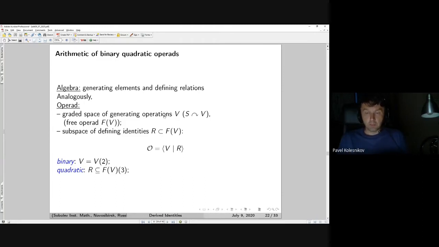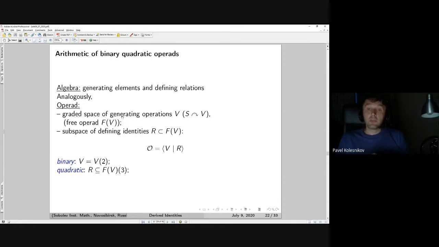This is a graded space because an operad is a collection of spaces. So the generators would form a Z-plus-graded space. This is a symmetric module, of course. Instead of generators, we have a graded space of generating operations, a symmetric module of generating operations.